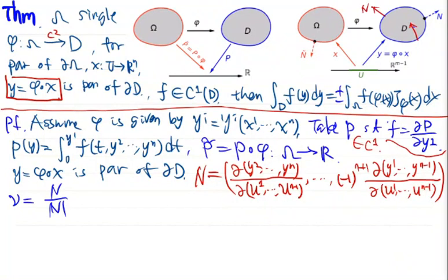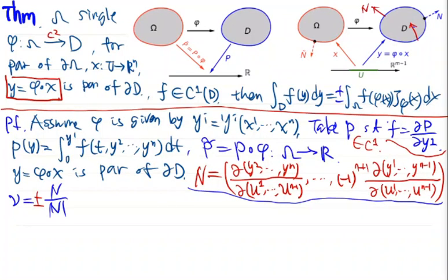The n computed in this way, using this expression, might point inward of D or outward of D. Therefore, to make sure that its normalization is an outward normal vector, we need a positive or negative sign in front of this normalization. With the positive or negative sign in front of this normalization, we obtain a unit outward normal vector.